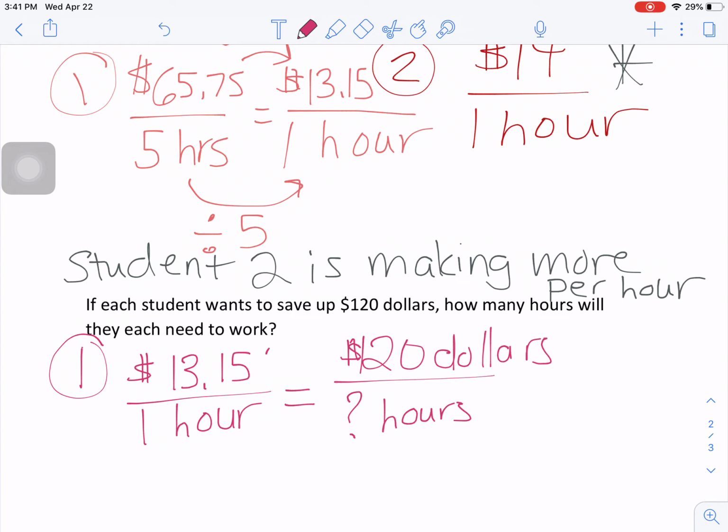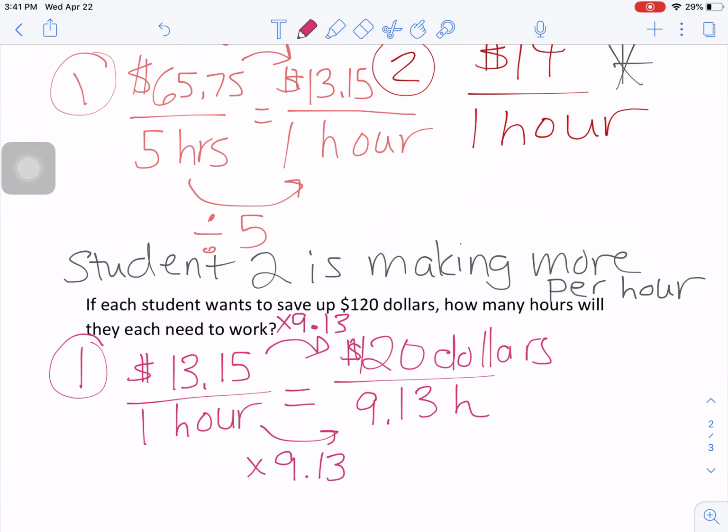So I'm going to have to figure out, what do I multiply $13.50 by to get 120? So 120 divided by $13.50 gives us 9.13. So whatever I do to the top, I also do to the bottom. 1 hour times 9.13 tells us that to make $120, student 1 must work for approximately 9.13 hours.